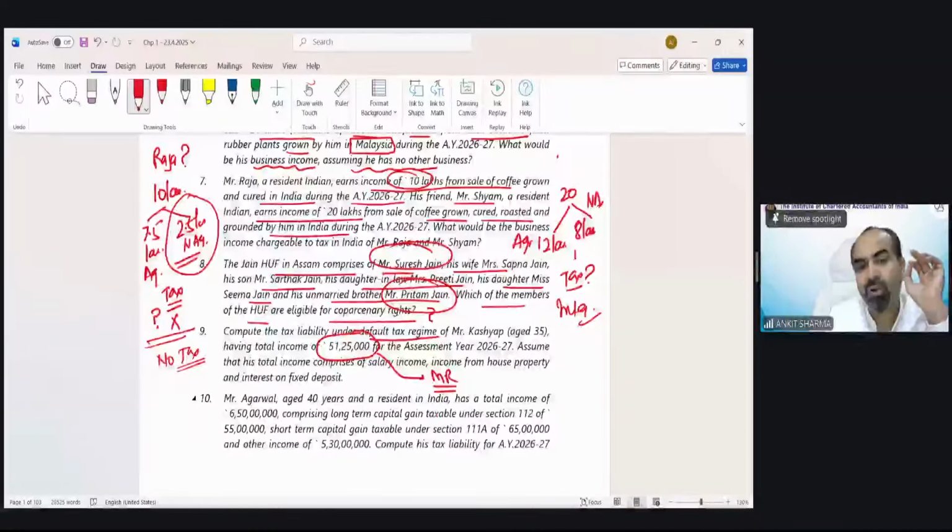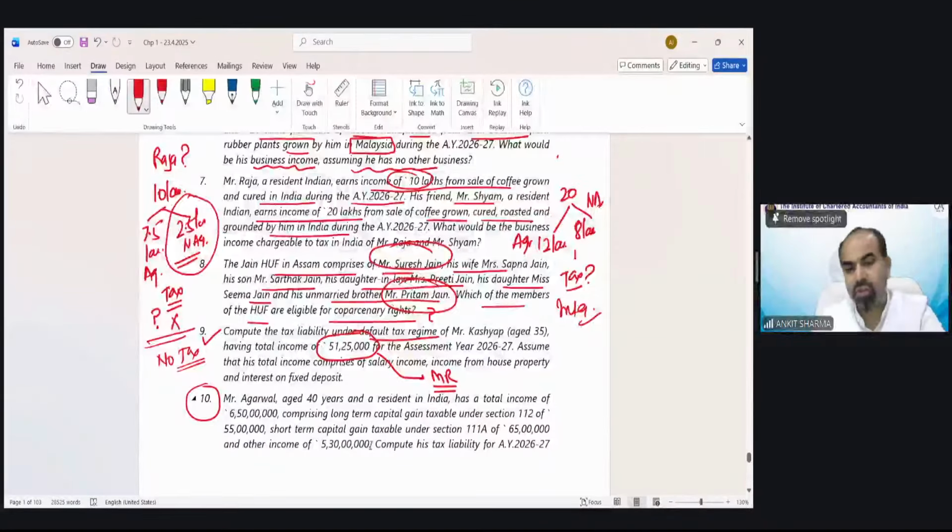So kindly solve this question yourself. I would like to solve question number 10 for you because it includes the surcharge concept we have discussed today, with specific incomes also included and the rates of specific income given. So this is the test your knowledge question number 10, and this is the question we have to solve.